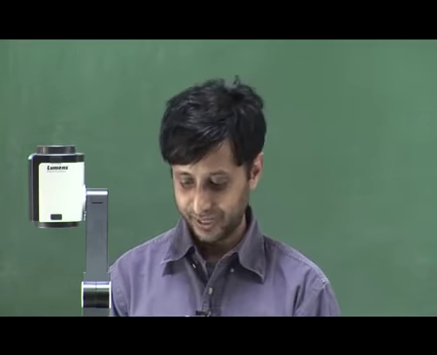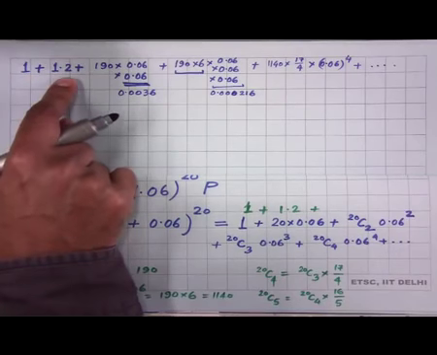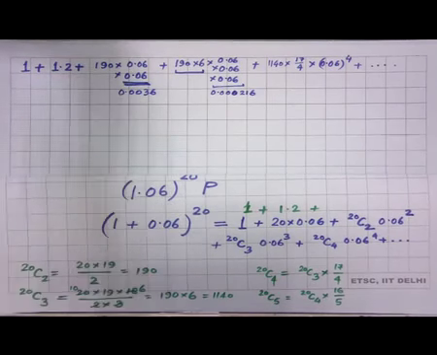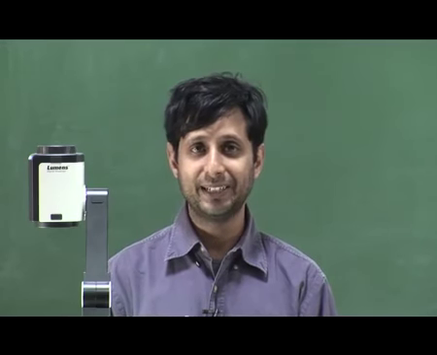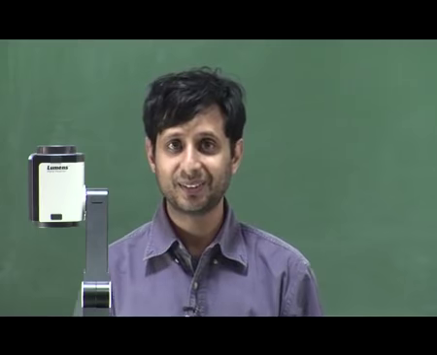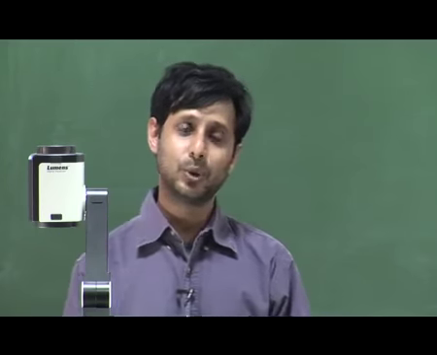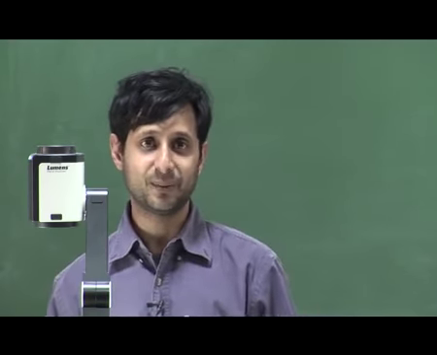So, the first term is fine, 1, the next term is 1.2, which is very significant. The third term is 190 times 0.0036. How much is that? So, 19 times 0.036, right. If you approximate 19 as 20, it is 20 times 0.036, right. 2 times 0.36 is 0.72.